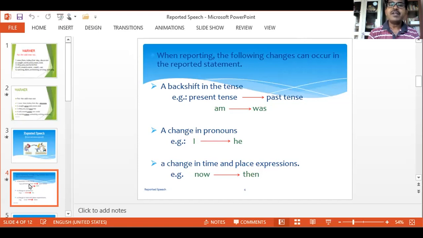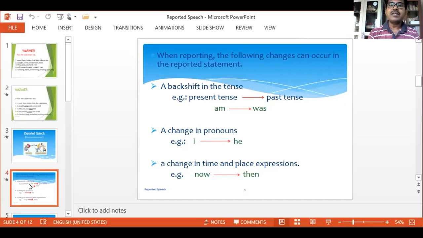For example, if you have "am", it will become "was" in the reported statement. "I am hungry." So Sita said that she was hungry. Am becomes was. Simply, present tense becomes past, or any other tense will go back to its corresponding past.